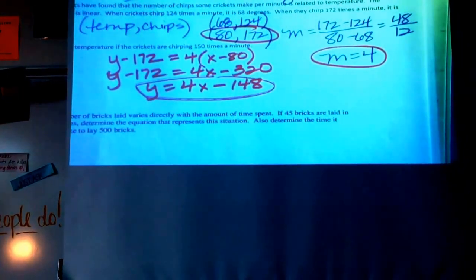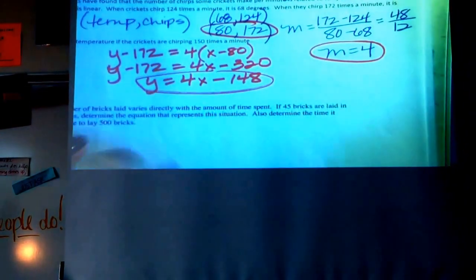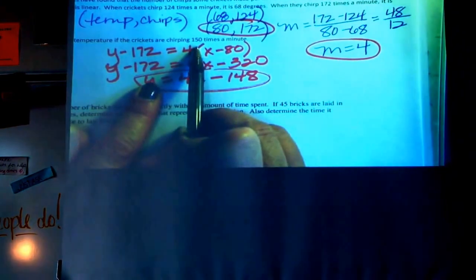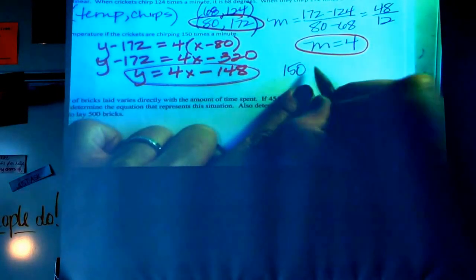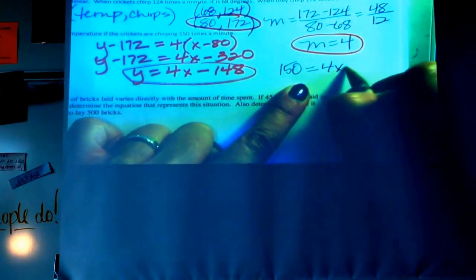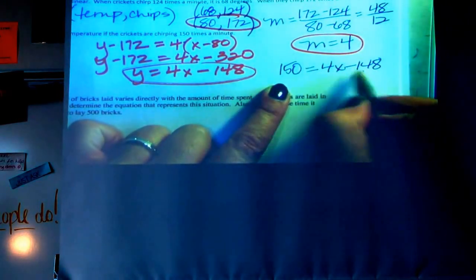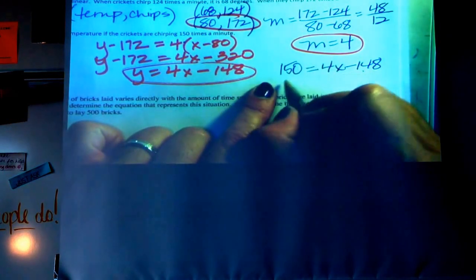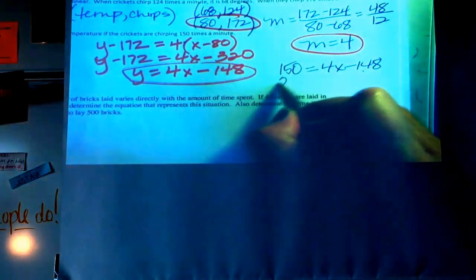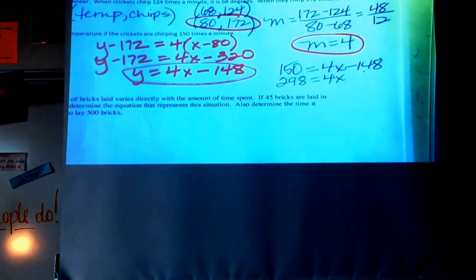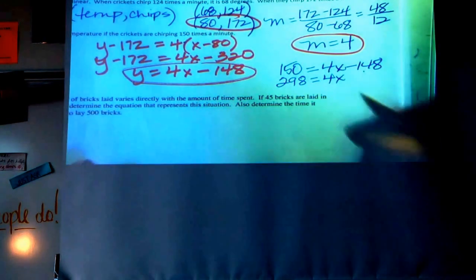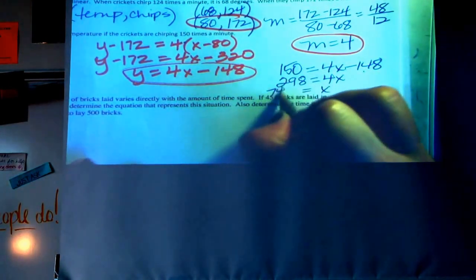And then to find out what the temperature is if the crickets are chirping 150 times, I put 150 in for y and solve it for x. If I add 148 to both sides, that's going to take me up to 298 equals 4x. And 298 divided by 4 is going to tell me that the temperature is about 74.5 degrees.